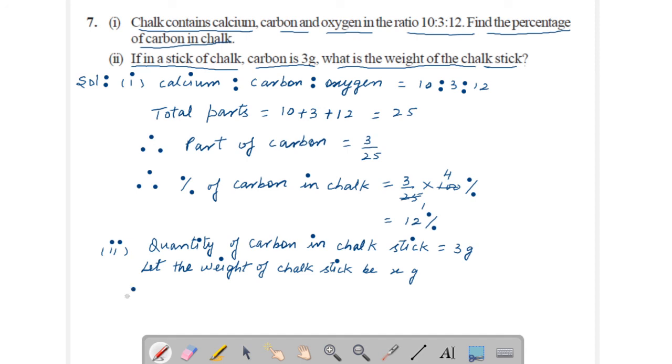Therefore, 12% of x equal to 3 gram. You can say solve it for x. 12% means 12 upon 100 into x equal to 3, or x is equal to 3 into reciprocal of 12 upon 100, that is 100 upon 12.